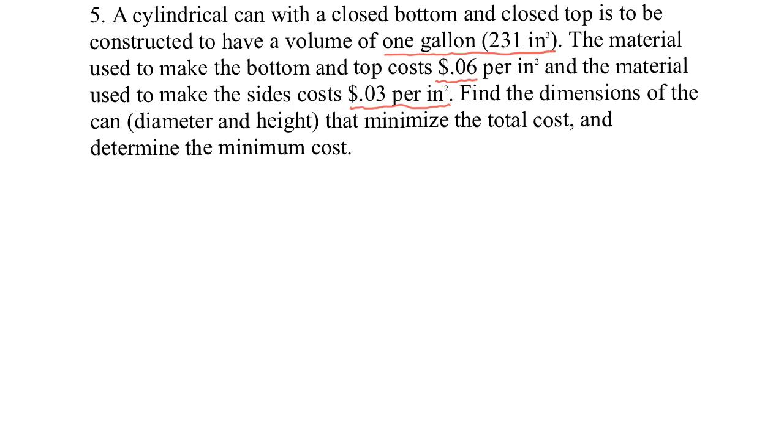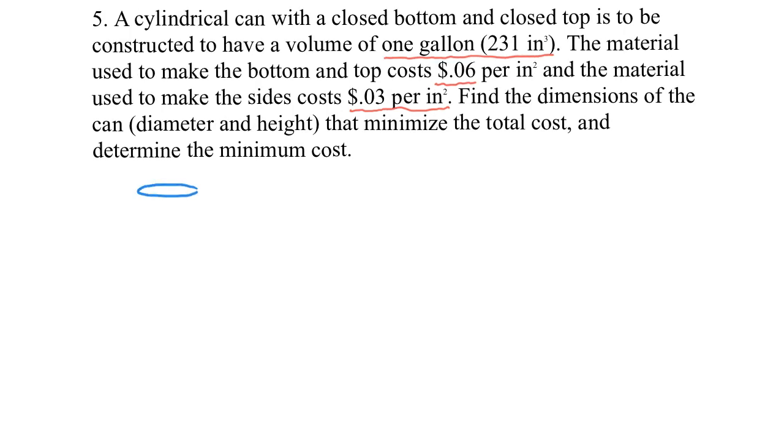So we've got this can. It goes like this, and we've got the cost of the sides of the can, and this is 3 cents, $0.03 per square inch, and the tops and the bottom have a different cost.